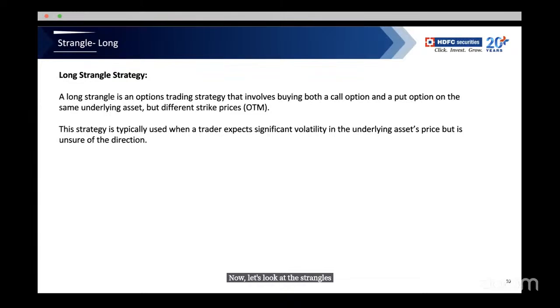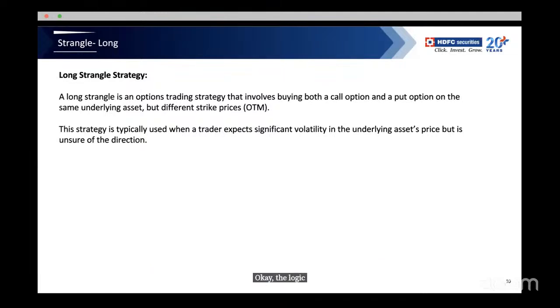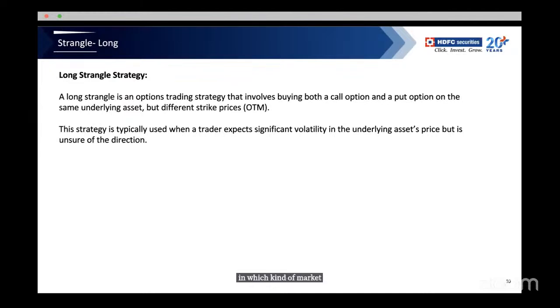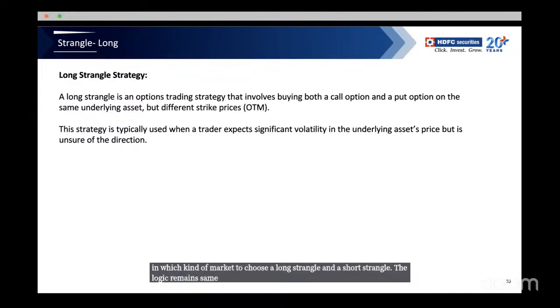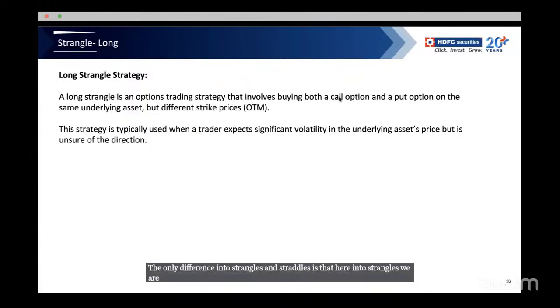Strangles and straddles are a little bit the same. The logic behind the long strangle and the short strangle is the same: in which kind of market to choose a long strangle or a short strangle, the logic remains the same as for the straddles. The only difference is that in strangles we are shifting to OTM strikes.